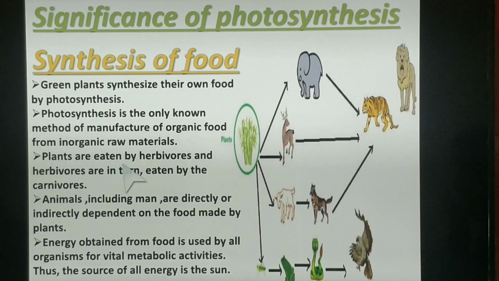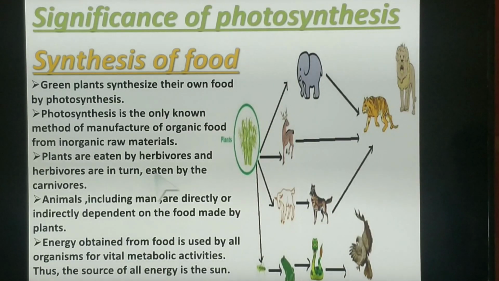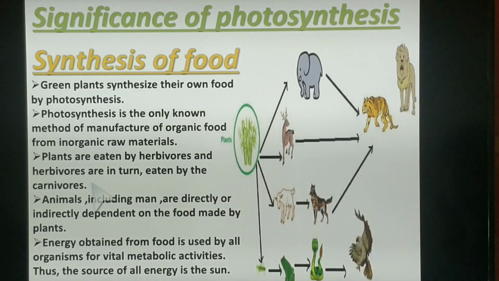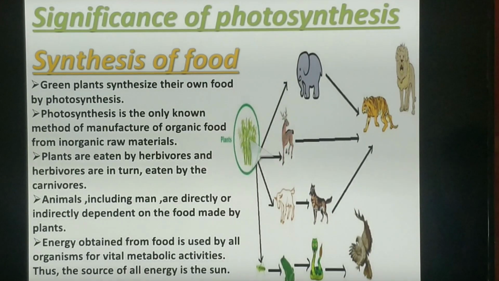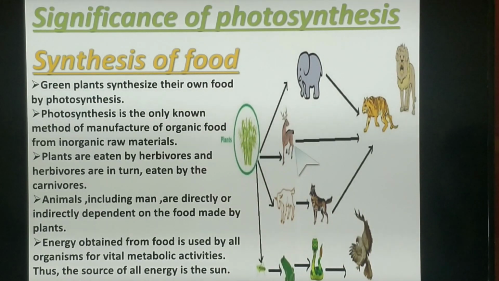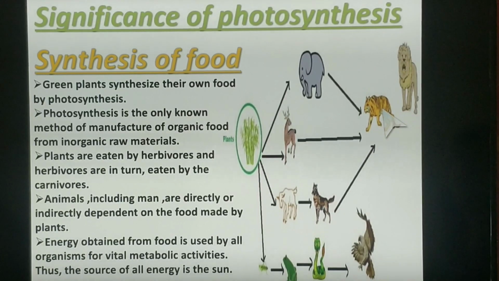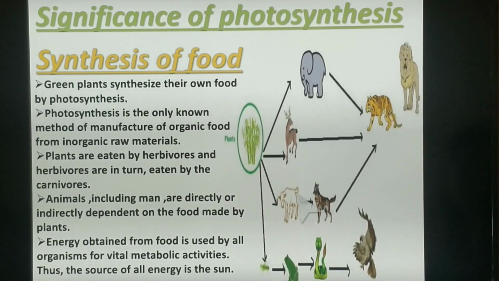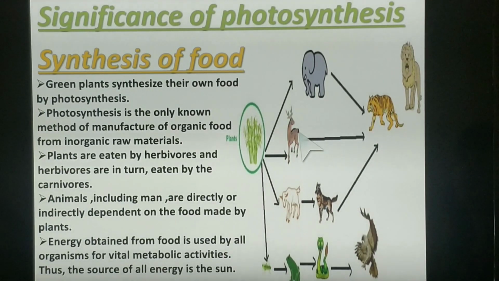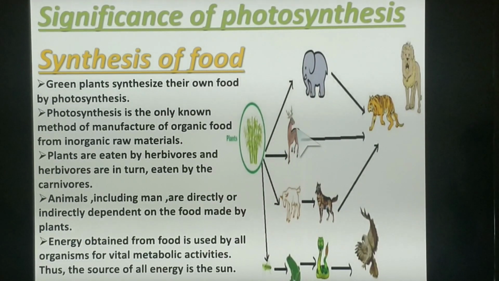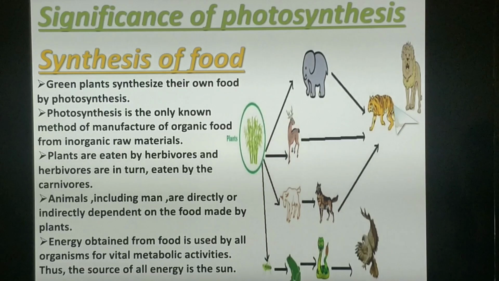Plants are eaten by herbivores, and herbivores are in turn eaten by the carnivores. You can look to this picture and see that plants are eaten up by herbivores and herbivores are eaten by carnivores. For example, plants and plant parts are eaten by deer, and deer in turn is eaten up by lion or tiger.